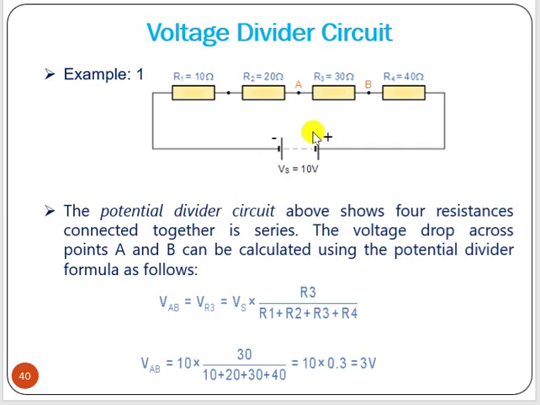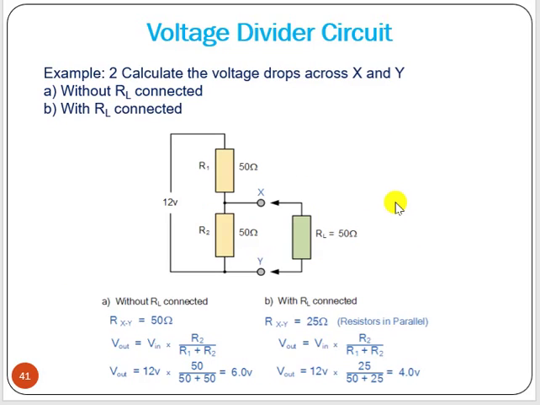Say we have to find the voltage drop VAB. AB means across R3, and the total voltage is 10. So total voltage into the same branch resistance R3, divided by the total branch resistance. Then we get the voltage drop across it directly. Now the voltage divider circuit example.